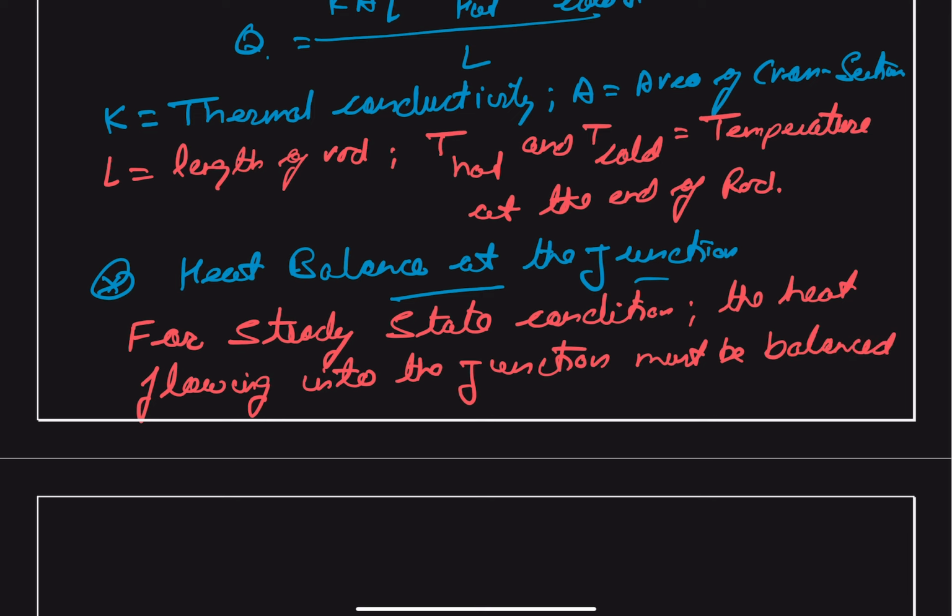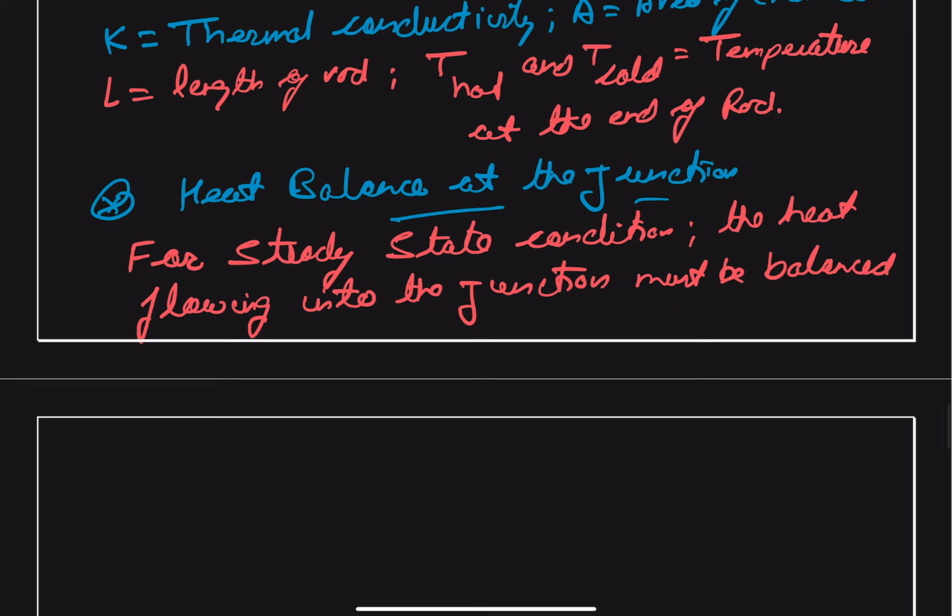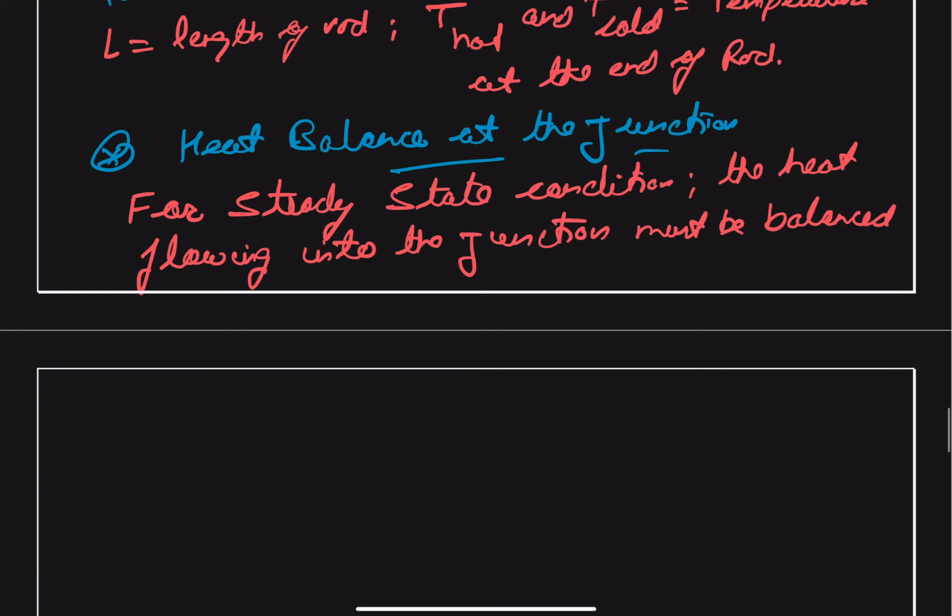Which basically means the outflow of the heat from the particular junction. And we assumed that the junction temperature is Tj.